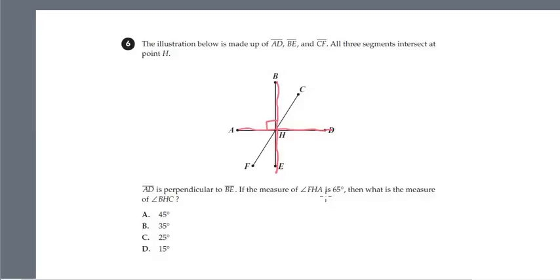The measure of angle FHA, so let's put that in a different color. FHA, this angle here, is 65. And what is the measure of BHC? BHC. So we're going to look for that angle.